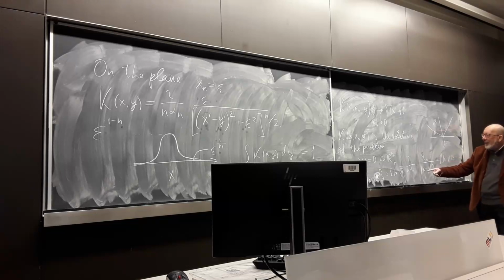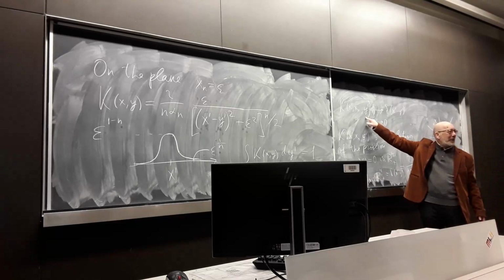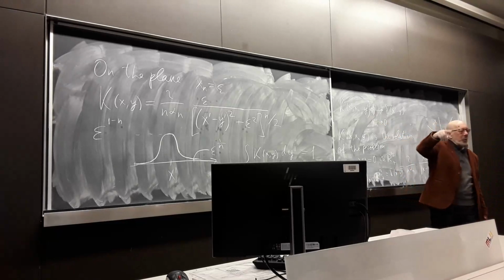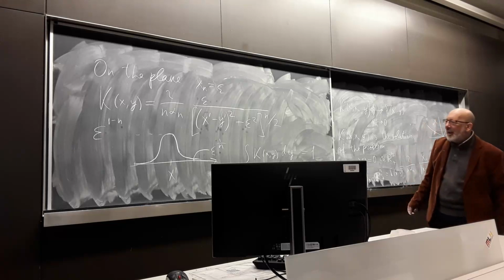This solution depends on the parameter y prime on the boundary. For different y prime we have different boundary values of the function. So multiply by the boundary value, then integrate with respect to y prime, and we have the whole picture.